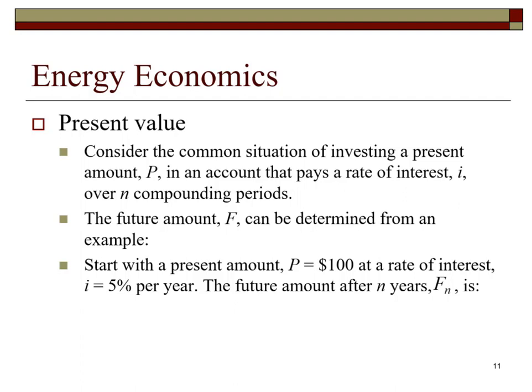Starting on this slide, we develop an equation for present value and future value. Using an interest rate of 5%, a present value of $100 would yield a future value of $105.